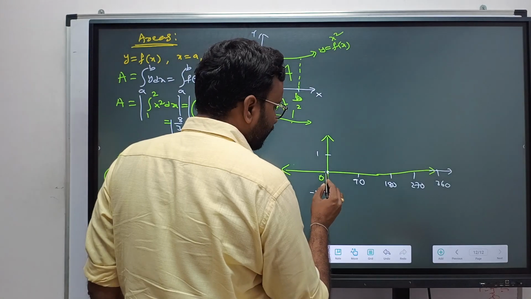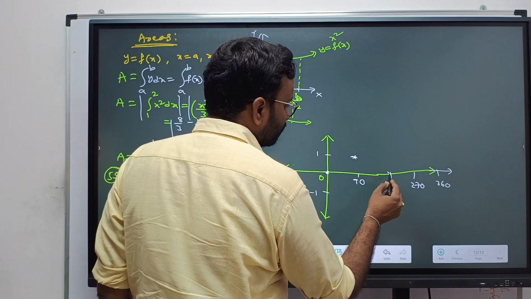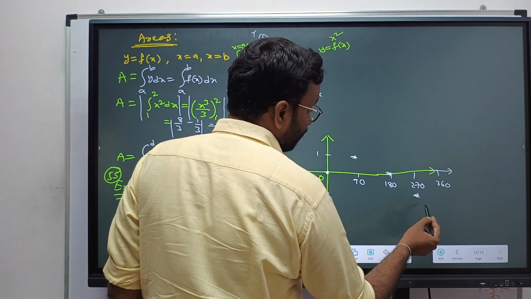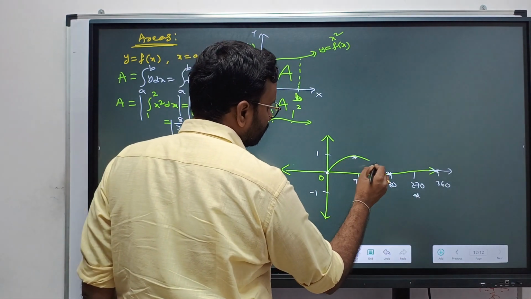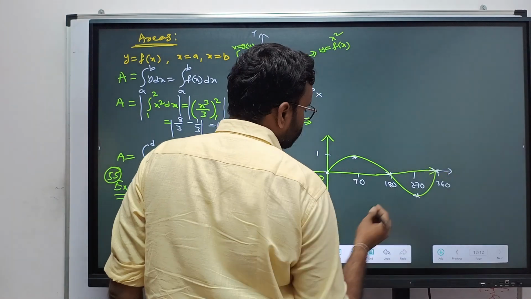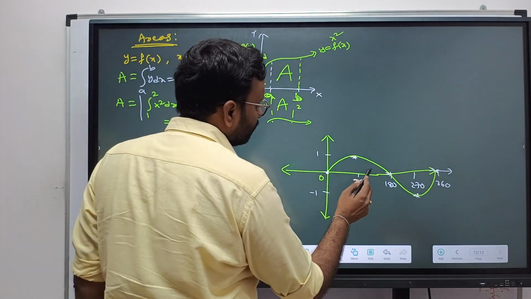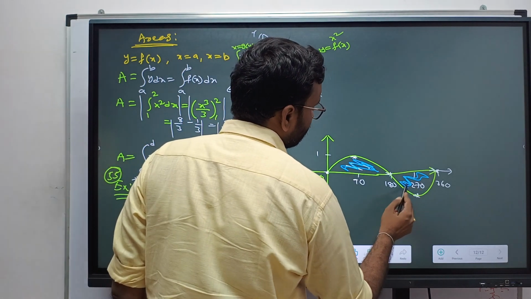Sine 0 is 0, sine 90 is 1, sine 180 is 0, sine 270 is minus 1, again sine 360 is 0. Then the curve will be like this, right? So he is asking for the shaded part, this area.